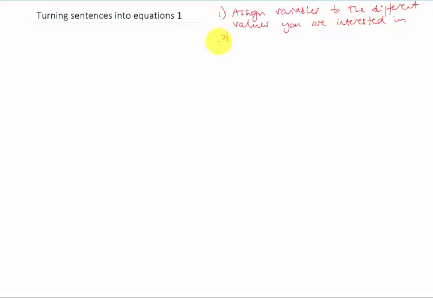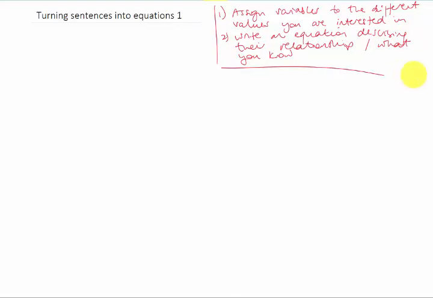And then you write an equation describing their relationship, or what you know about them. So what do I mean by that? Let me just show you. I'm going to show you 3 examples of just how you would go about turning a sentence into an equation.